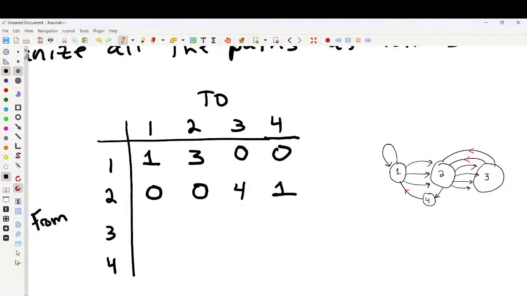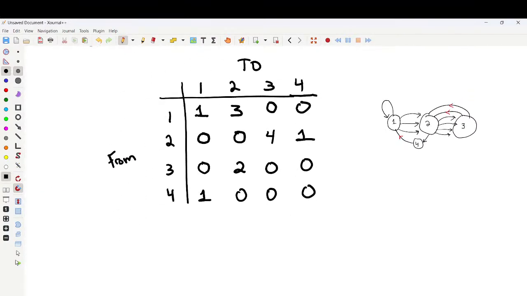There we go. 3 to 1? 0. 3 to 2? 2. 3 to 3? 0. 3 to 4? 4 to 1? 4 to 2? 0. Here you go. 4 to 3? And 4 to 4? There we go.